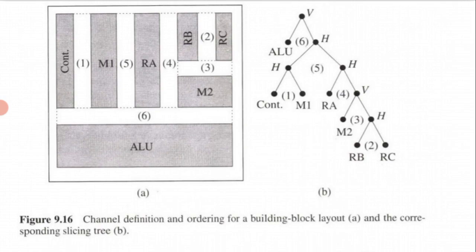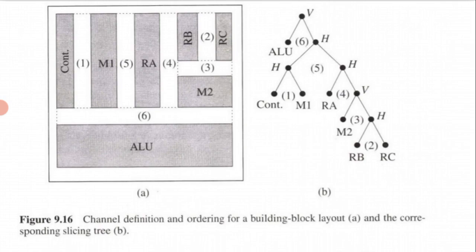Around the cell there will be some areas, right? These areas are reserved for routing purposes. But how can this area be partitioned into channels that can be handled by channel routing?